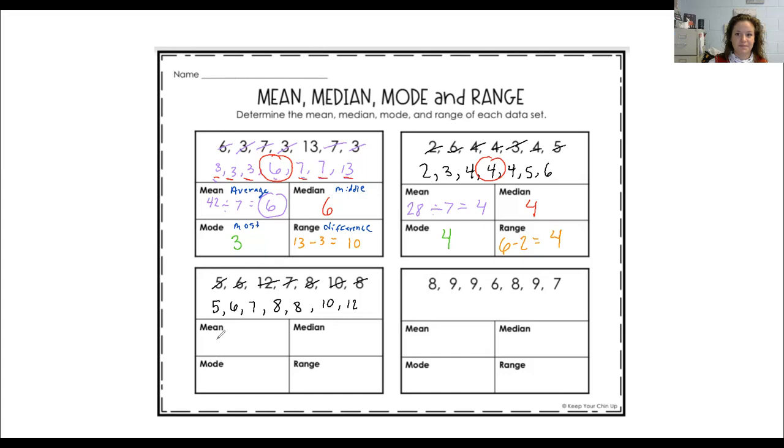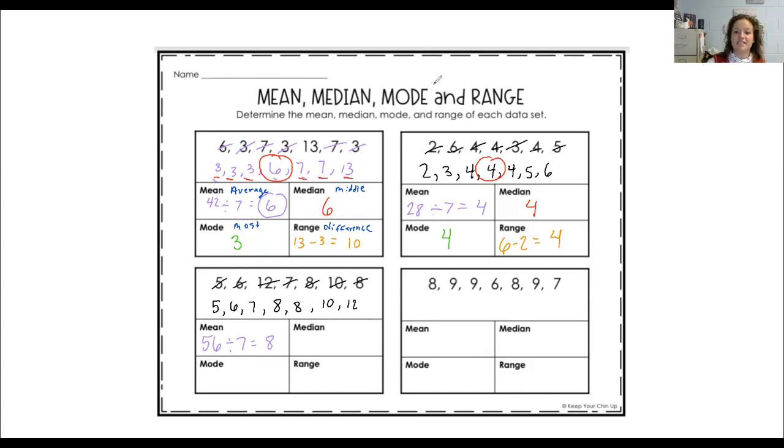And that gives me 56. But then we have to divide by the total digits. So how many total digits do I have there? 1, 2, 3, 4, 5, 6, 7. So we are going to divide by 7 and we get what? 8. Very good. Okay, so we've got our mean of 8.